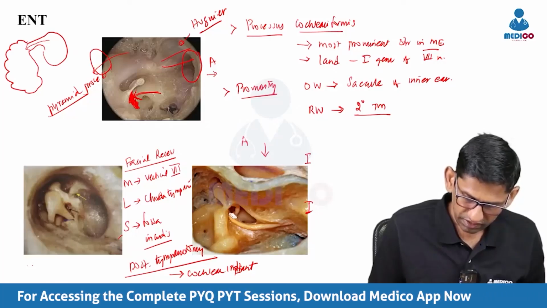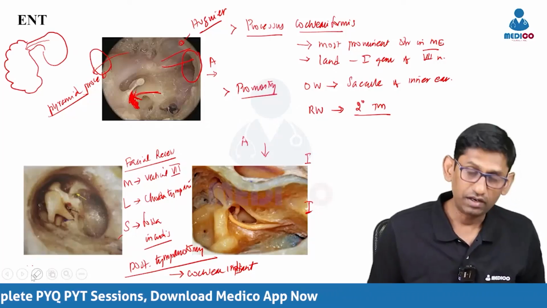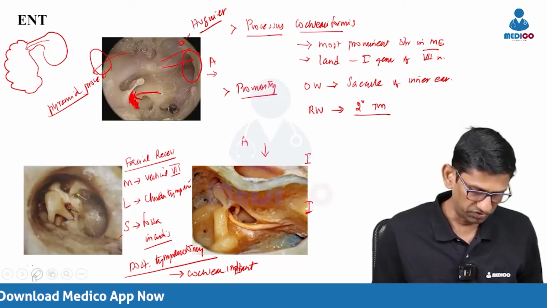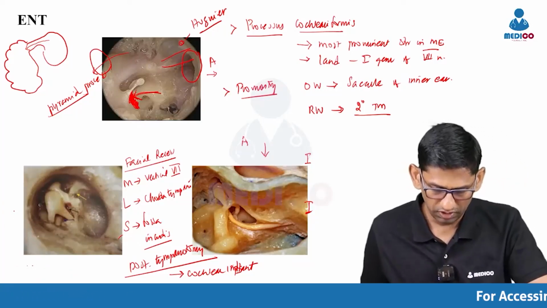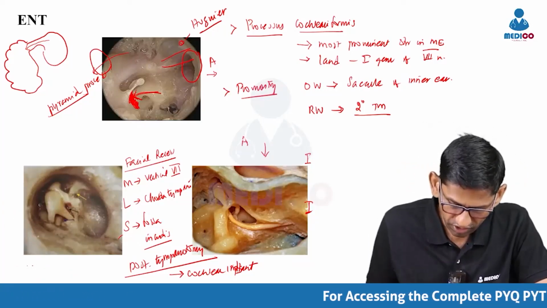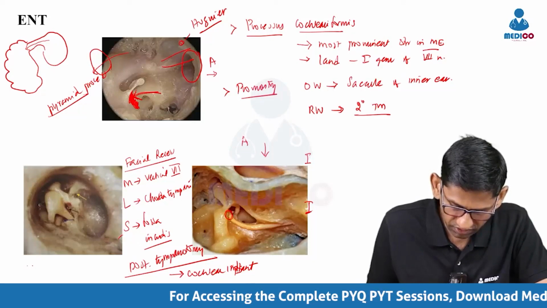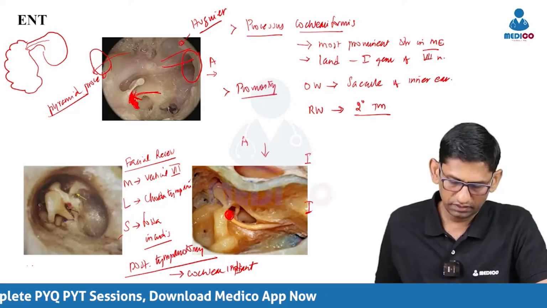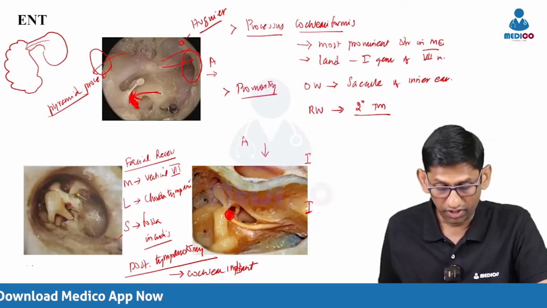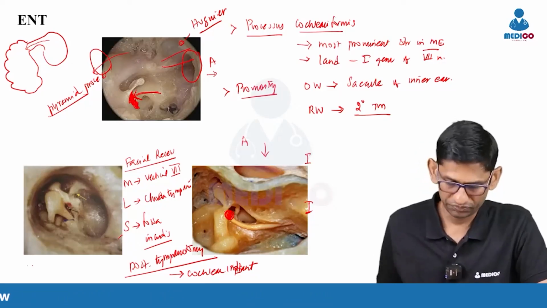Again, with this picture, we can very clearly say the landmarks of the second genu of the facial nerve. What are the landmarks of the second genu of the facial nerve? Now, coming to the point, see, I told you this is the second genu of the facial nerve. Obviously, it is related to three important structures.